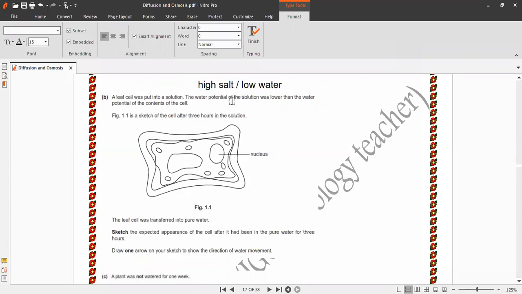So the content of the cell has more water and less salt.